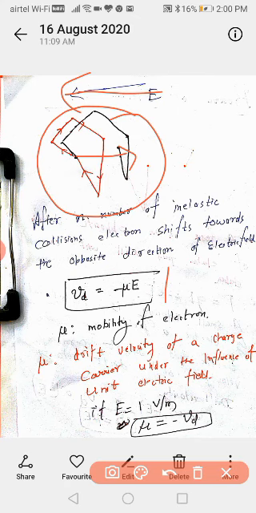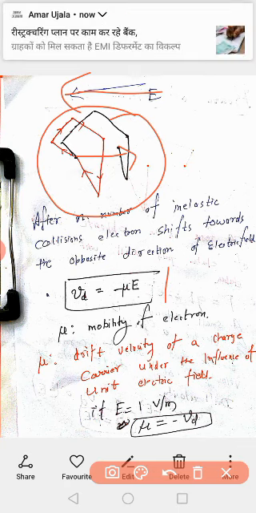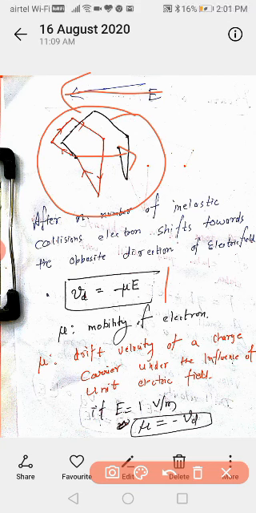So let's define the mobility now. Mu is the mobility of electron. Mu is the drift velocity of a charge carrier under the influence of unit electric field. For defining the mobility, all we need to do is provide a unit electric field. A unit electric field means 1 unit of electric field, and here the unit of electric field is volts per meter.